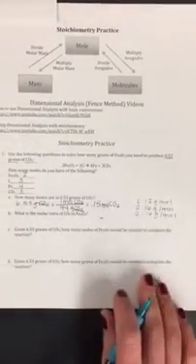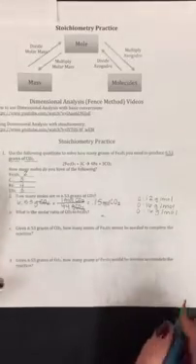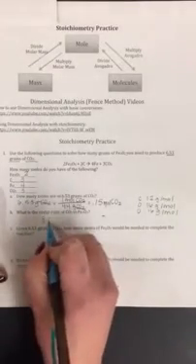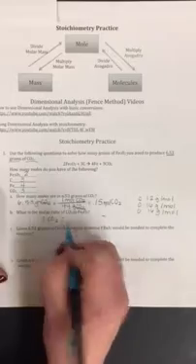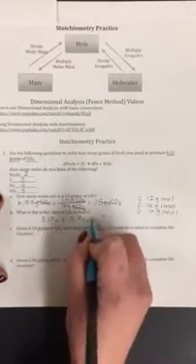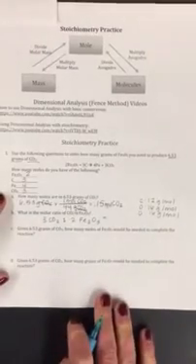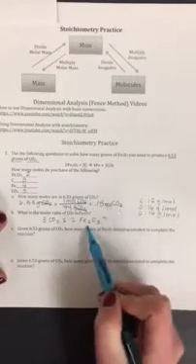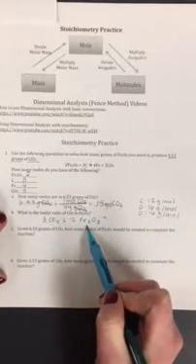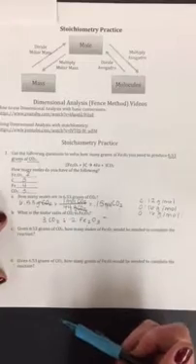So, first step's done. Now we need to know what the molar ratio between CO2 and iron oxide is. We look back at these values here. When we look at CO2, we know there are 3 CO2 for every 2 iron oxide. Now we're going to use the moles we found in A and the ratio we found in B to figure out how many moles of iron oxide would be needed to complete this reaction.